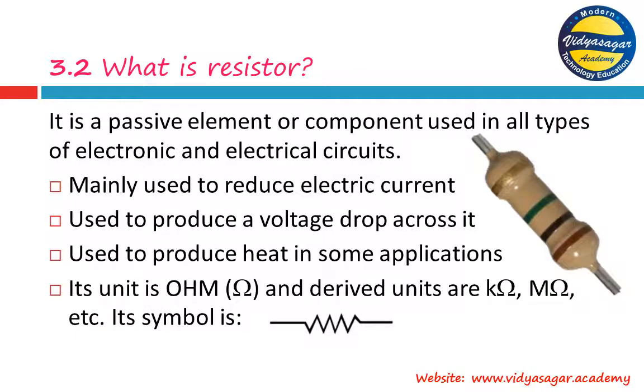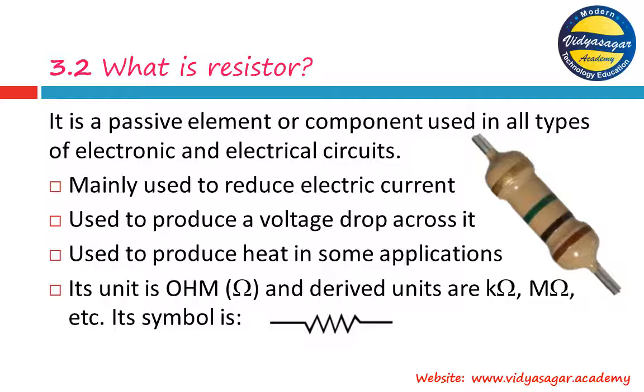Now the next topic, 3.2, what is a resistor, that we shall start with. A resistor is a passive element or component used in almost all types of electronics and electrical circuits. The main highlights of the resistor: it is mainly used to reduce electric current in any closed circuit.